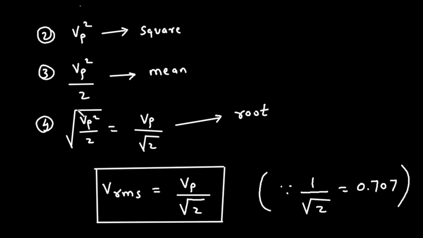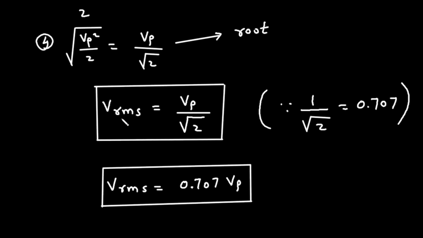Now this square and this under root will get cancelled. So it will be Vp simply, and the other term will be under root of 2. Now this is our VRMS, that is root mean square value for voltage. So it is equal to Vp divided by under root 2.